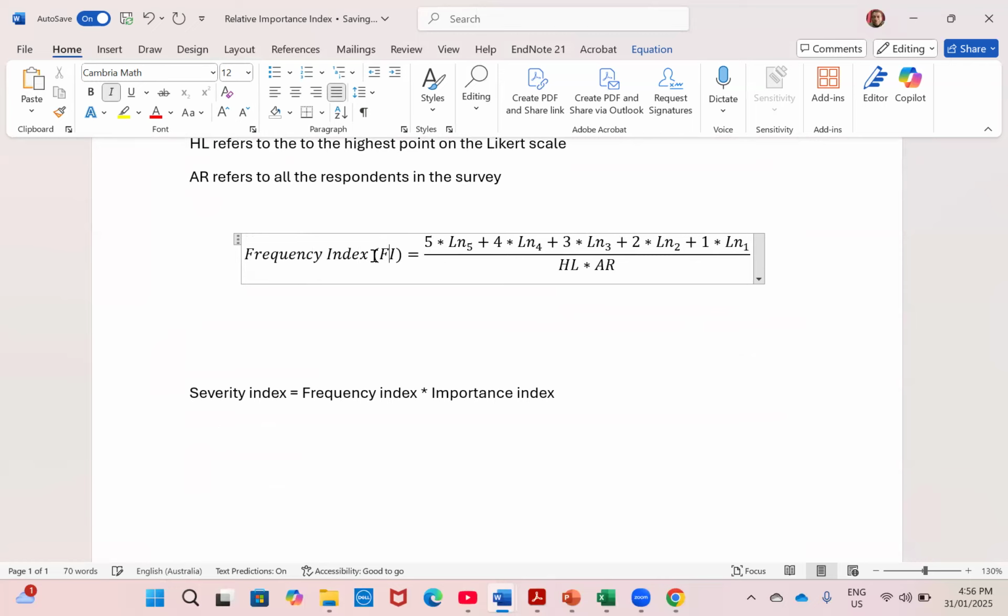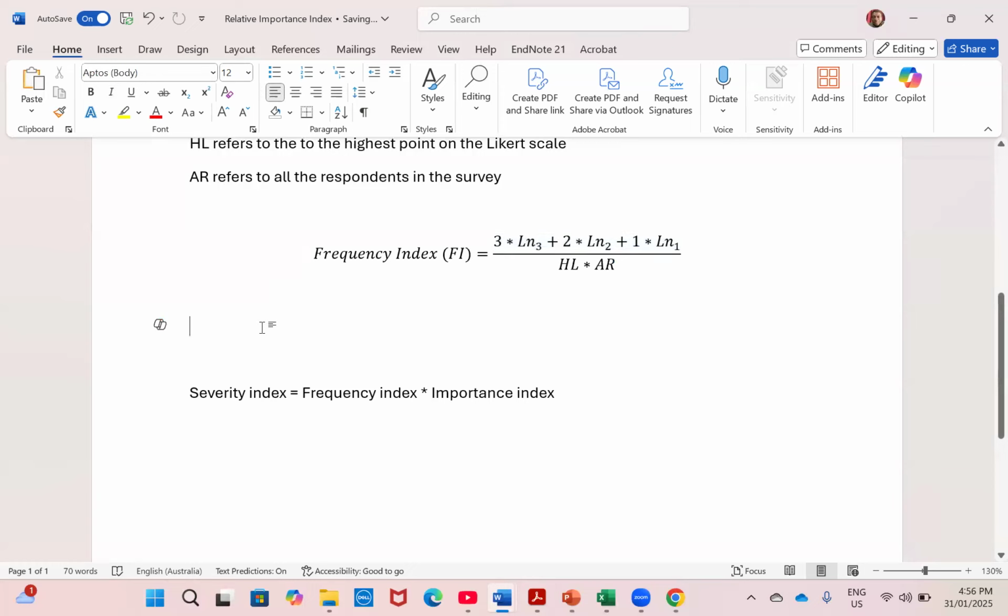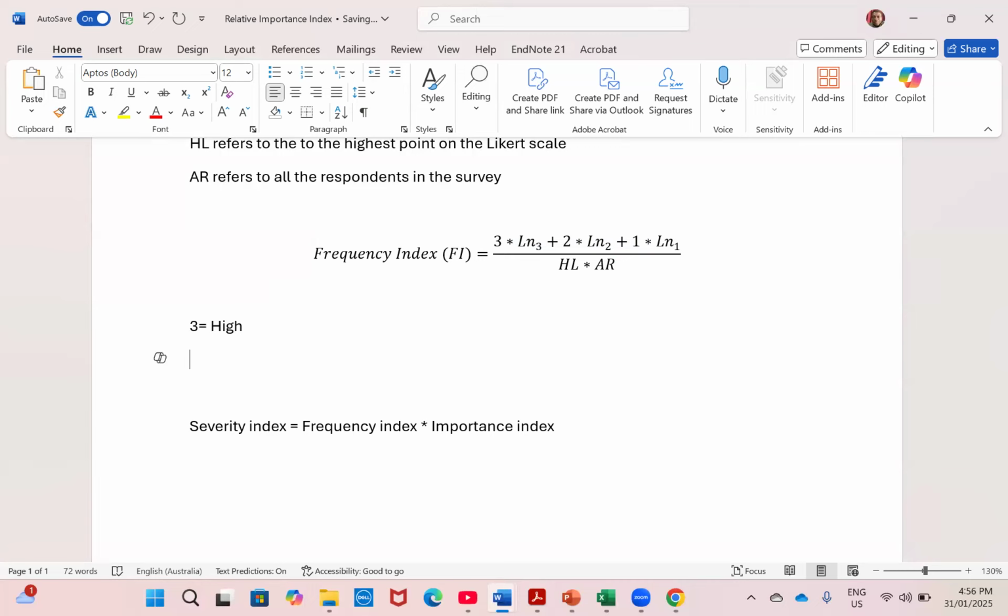But in my case, in this context, I'm going to just limit it to only 3. According to my scale for the frequency, how often they occur, 3 will represent high, like they occur often, or something that happens always.